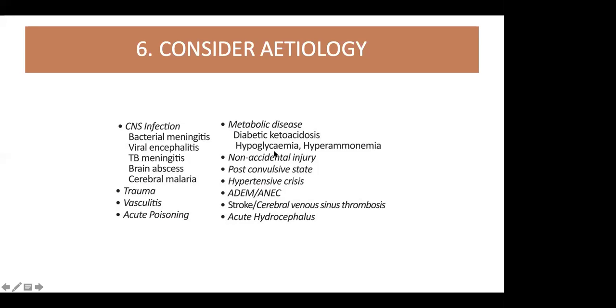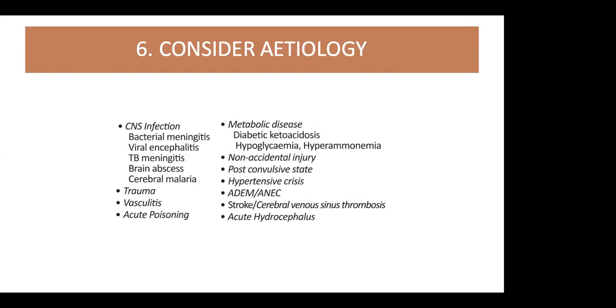And of course we need to rule out trauma, vasculitis, acute poisoning, metabolic causes like DKA and hypoglycemia, and then any non-accidental injury like child abuse or shaken baby syndrome, and post-convulsive state if the patient has undiagnosed epilepsy, hypertensive crisis, ADEM or ANE, which can occur following infection as they are immune mediated.